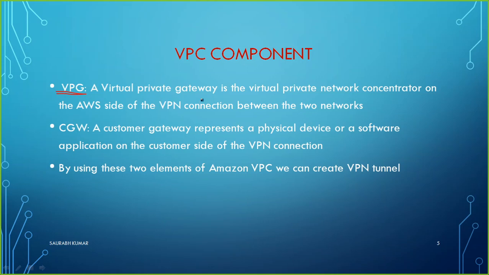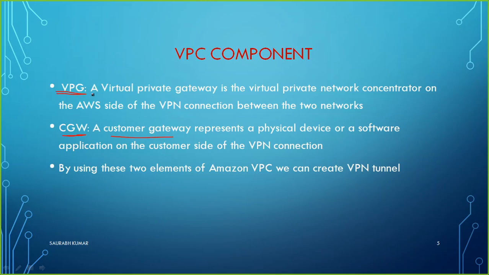I hope you already know the VPN concept, right? It provides a virtual private network over the public network. To have a VPN type of connection between your premises and the AWS premises, we need two components: one is the VPG, one is the CGW. One is the virtual private gateway, one is the customer gateway.